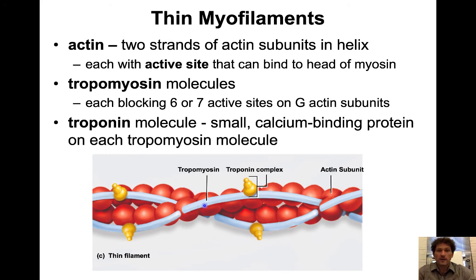Okay, but right now the door is closed and it's locked, and we can't go through there. Now, on troponin, there is a little binding site for calcium, okay? And that calcium molecule will bind to troponin, which will then move, kind of our key that will open the lock and then open our door and expose our doorway.